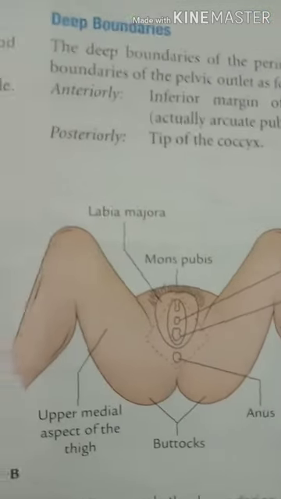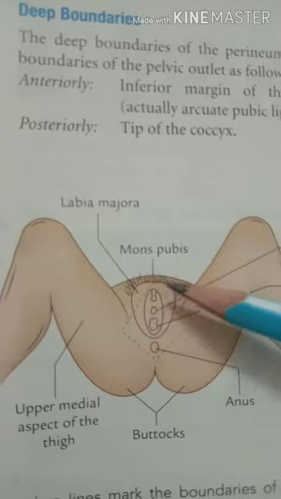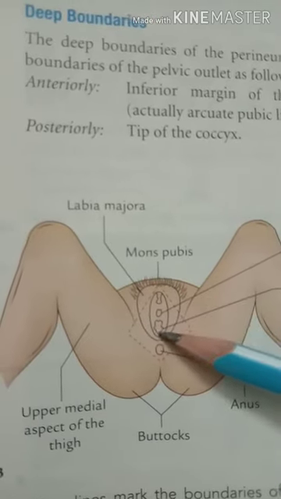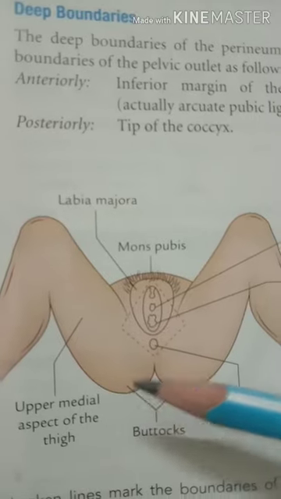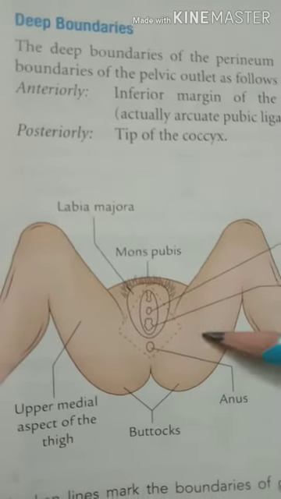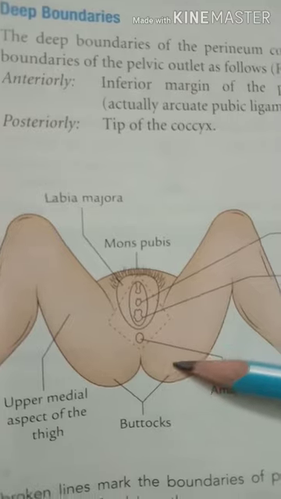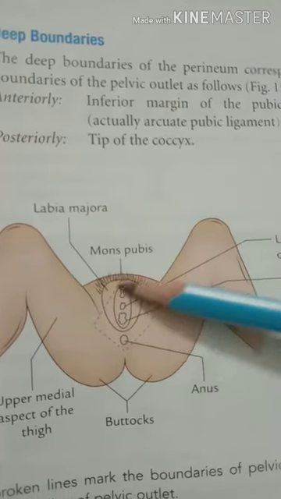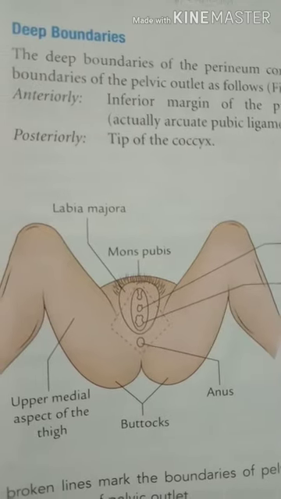In the female, instead of the scrotum, here is the mons pubis. Laterally it is the same, the upper part of the medial side of the thigh, and posteriorly the same, the buttock. So this quadrangular space is called the perineum.